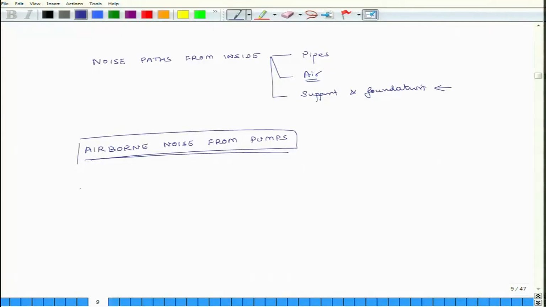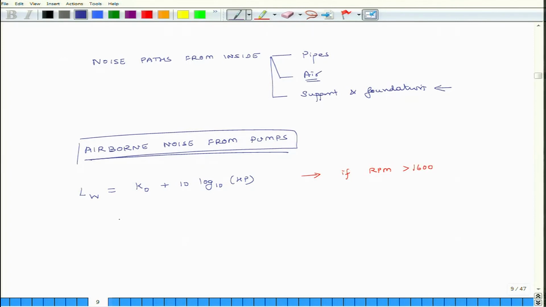Again, there is an empirical relation for this, and the relation is LW equals a constant K naught plus 10 log 10 of the horsepower of the pump. Now, this relation is good if the RPM of the pump is more than 1600.